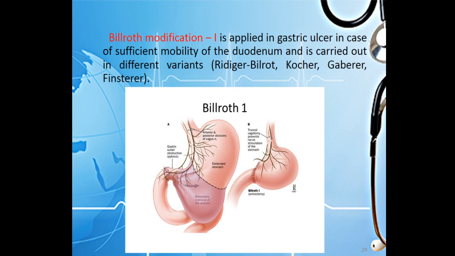There are many variants of modification of this operation, like Lindner, Billroth, Kocher, Haberer, Finsterer. They differ in how big the stomach resection is, the place and length of the anastomosis, which wall of the stomach we choose for the anastomosis, and other things. But the general name is Billroth 1.